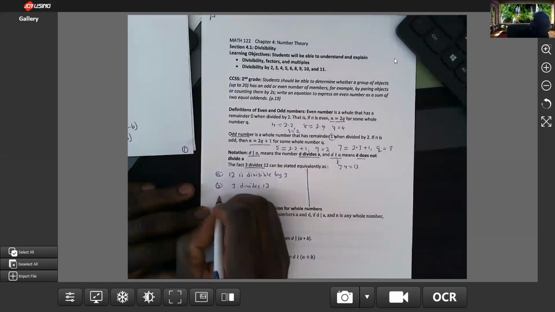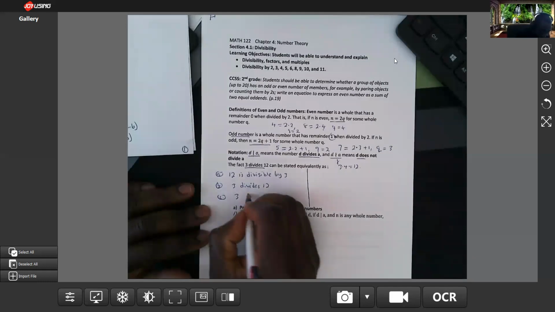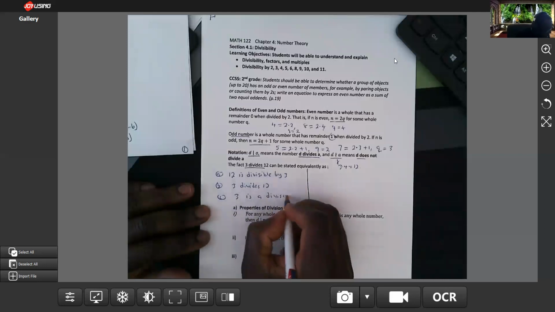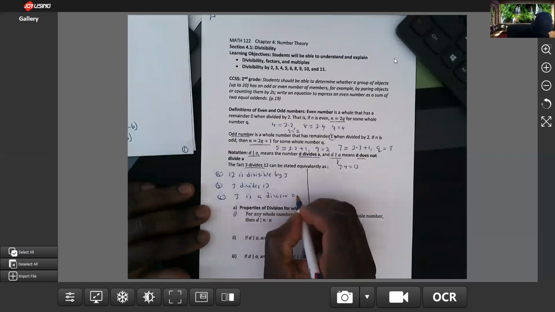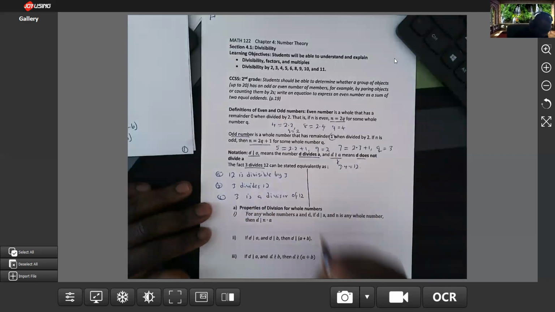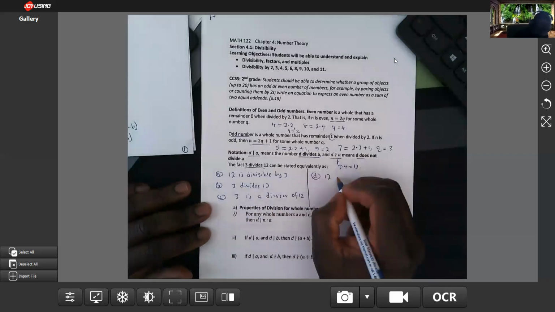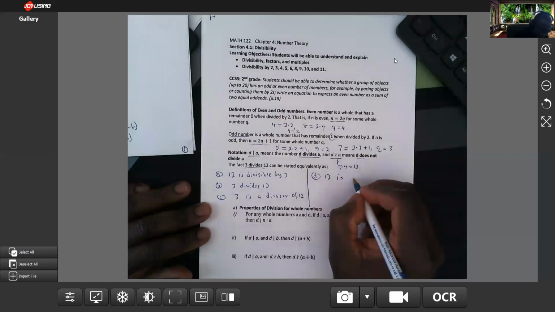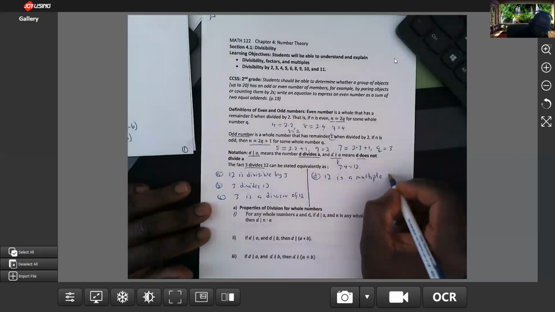Or we can say that 3 is a divisor of 12. Or we can say that 12 is a multiple of 3.